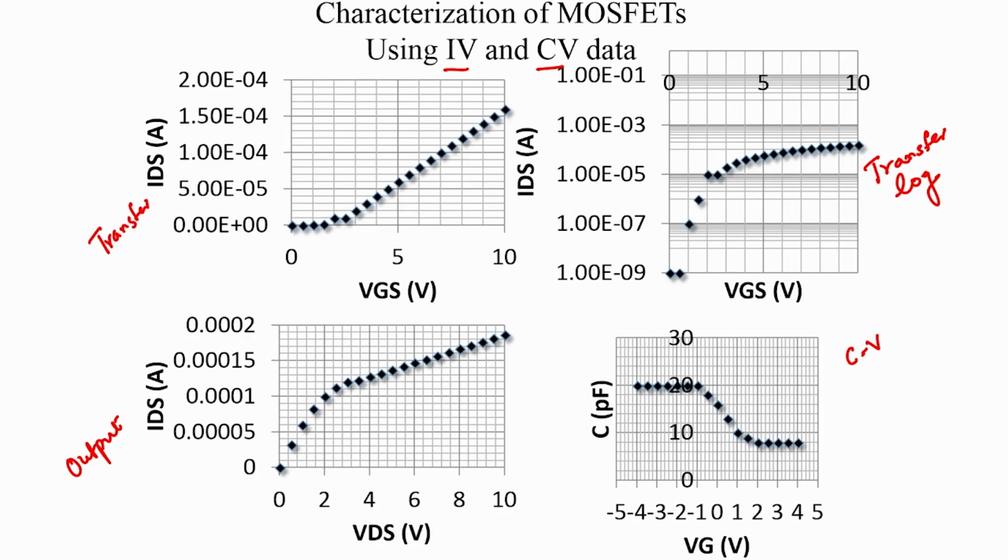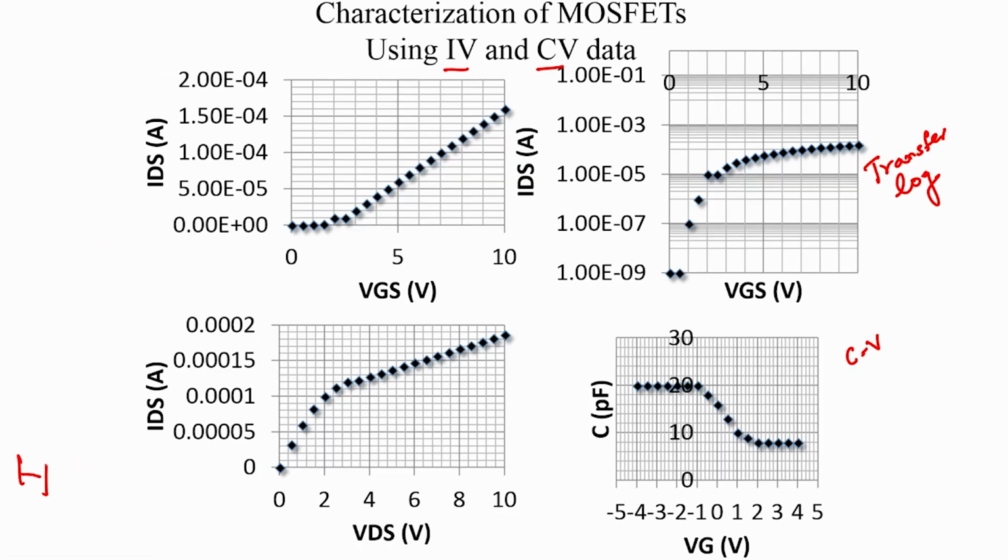So, the first point to note is let's write down our equations. These theoretical models help us a long way. So, in deep linear mode operation, we have the MOSFET characteristics defined as mu Cox W over L. So, let me just make use of the entire slide here.